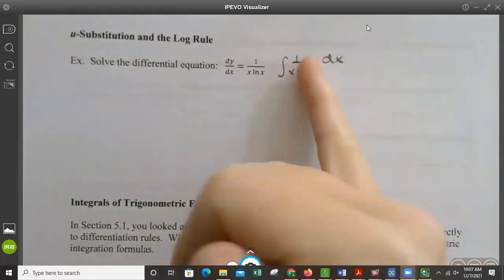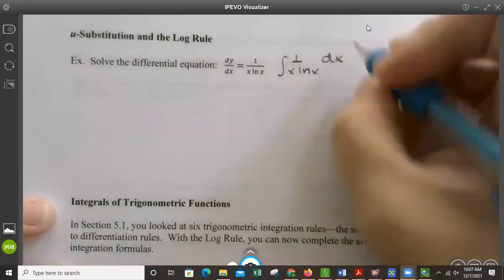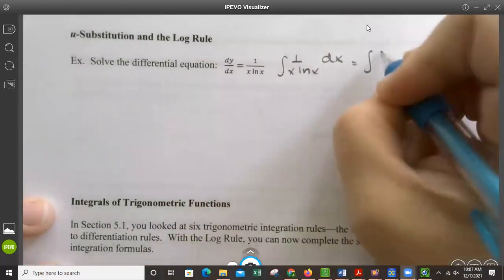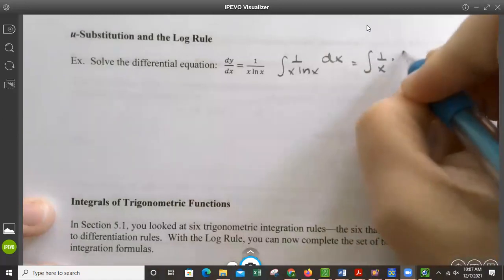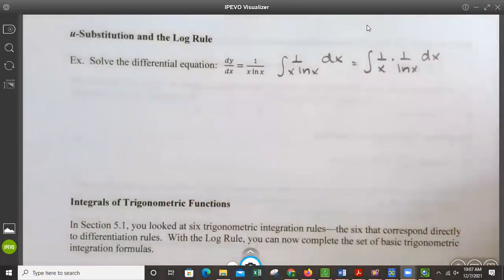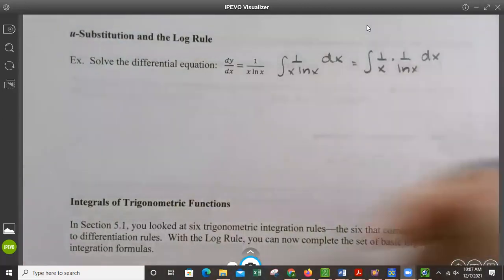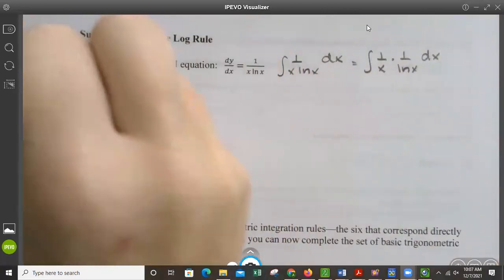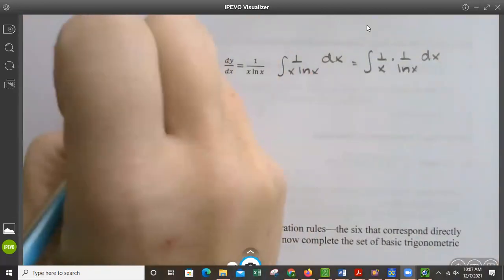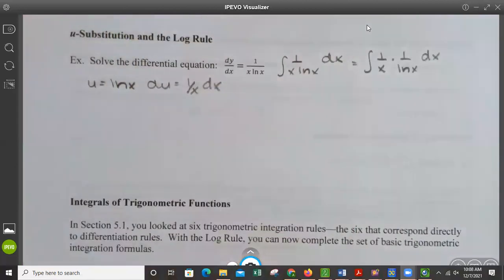So if we take away that ln x, you guys see how it's 1 over x. So if you need to see it a little bit better, you can split it up like this. And then we're going to set our u equal to ln x because our du will be 1 over x dx.